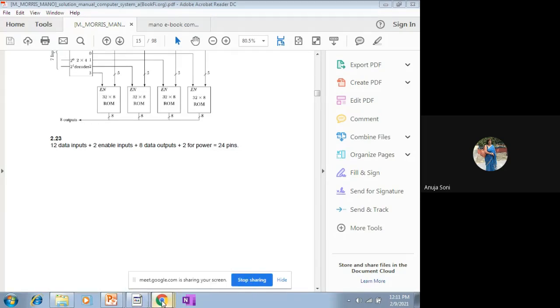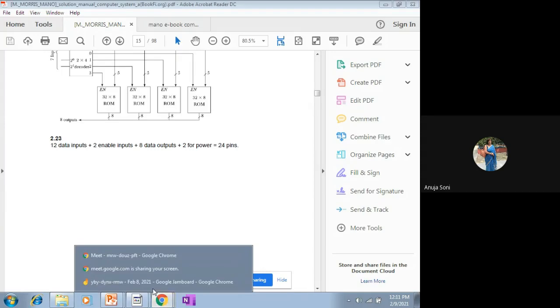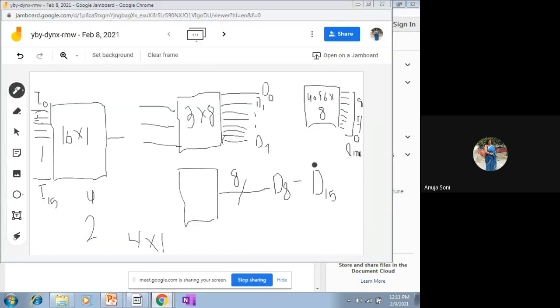In total we have 8 output lines, and 4096 is 1024 into 4.